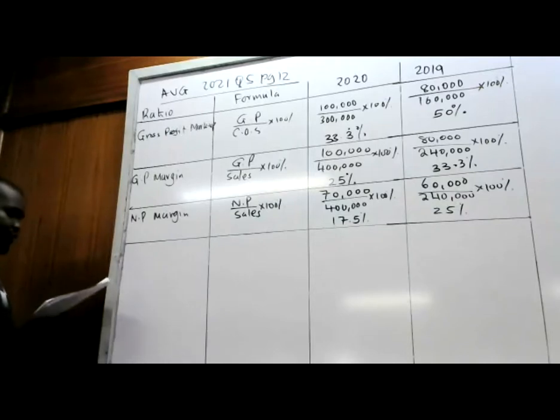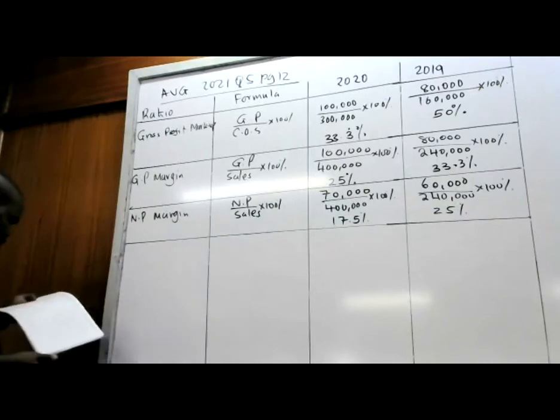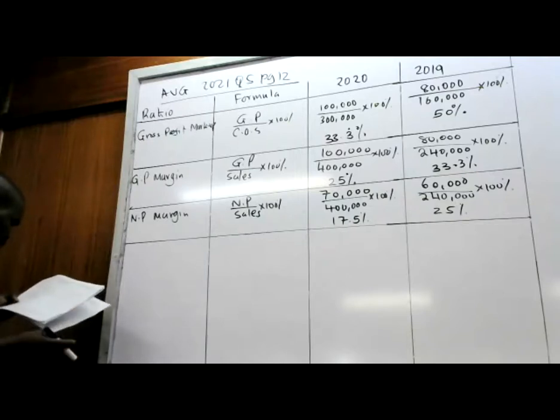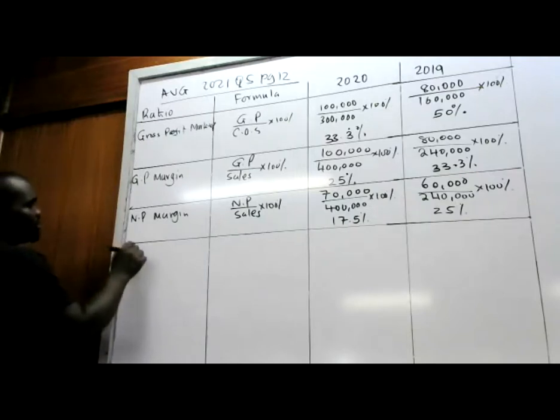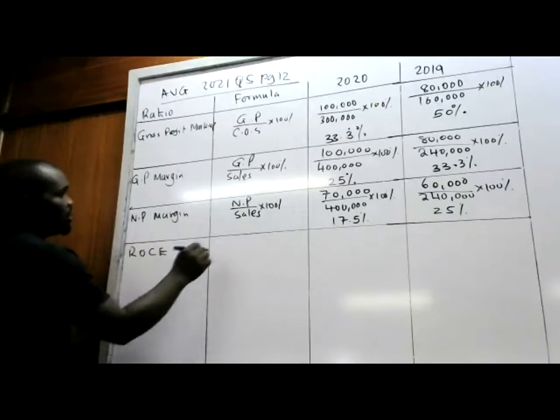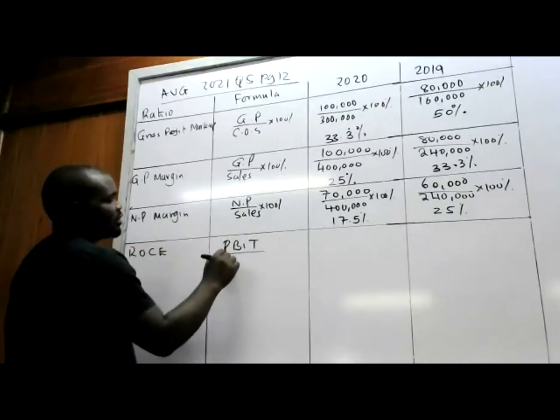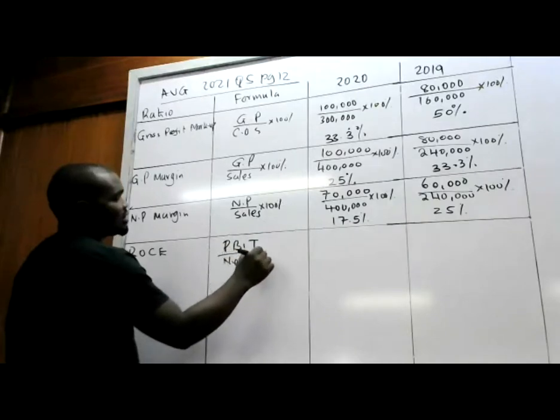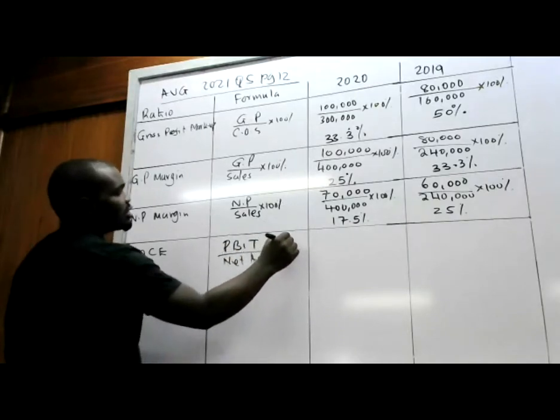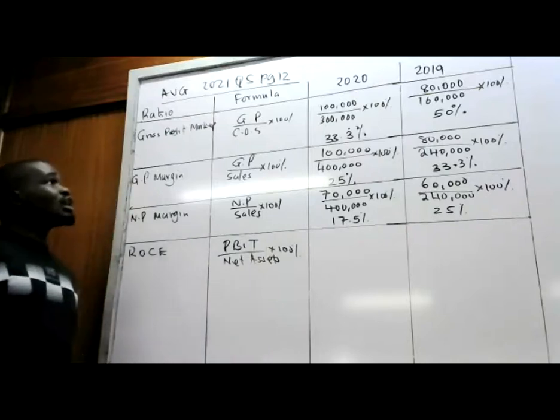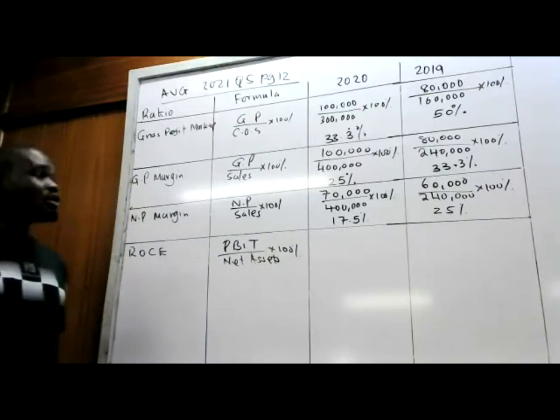Next is which one? Next they want ROCE. So ROCE is profit before interest and tax divided by net assets times 100%. All these are profitability ratios.